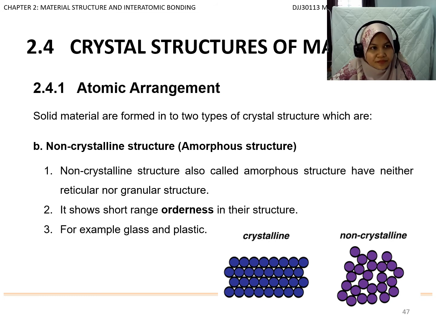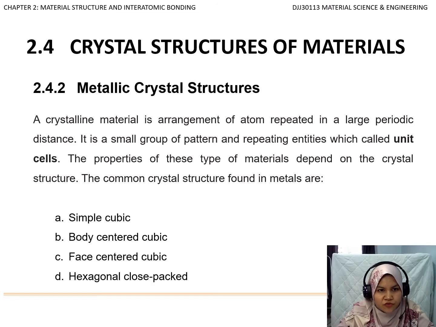Okay, 2.4.2 metallic crystal structures. Crystalline material is an arrangement of atoms repeated over a large periodic distance. It is a small group of pattern and repeating entities called unit cells. When the unit cells repeat and grow in number, they form one large entity.